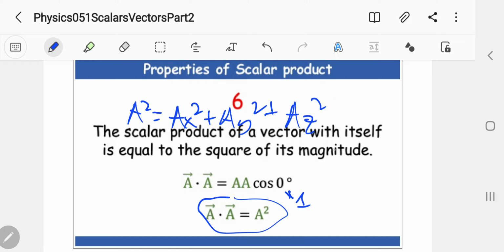This is also equal to A dot A. Remember, when you write the vector with an arrow, it's different from the one without the arrow. The one without the arrow is an ordinary number, the magnitude, and the one with the arrow has direction.